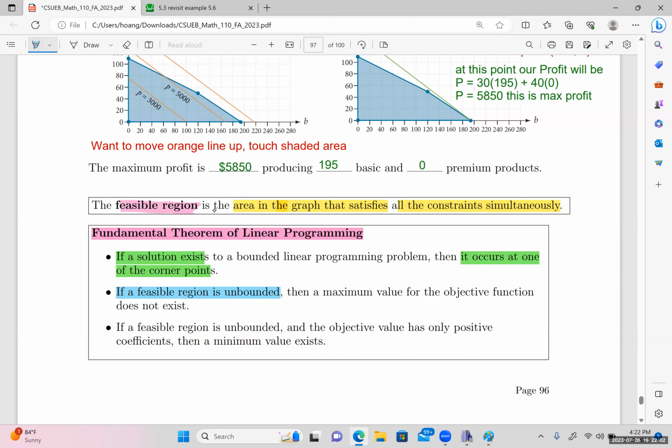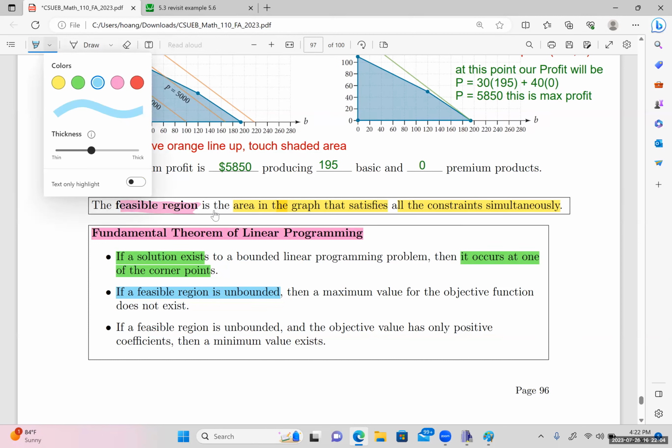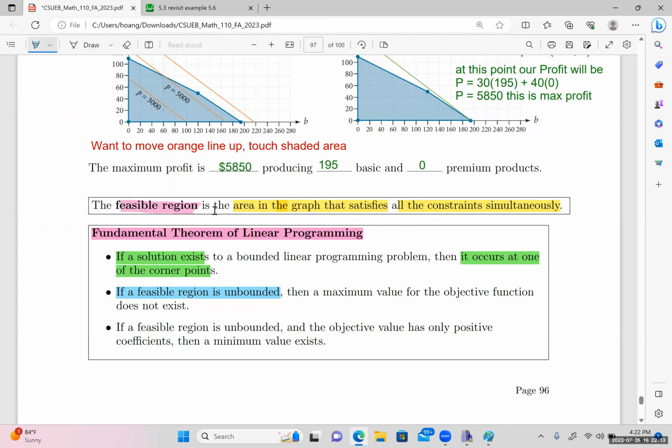Then the maximum value of the objective does not exist. I would say maximum and minimum values, right? Because sometimes we may need to minimize the cost, right?